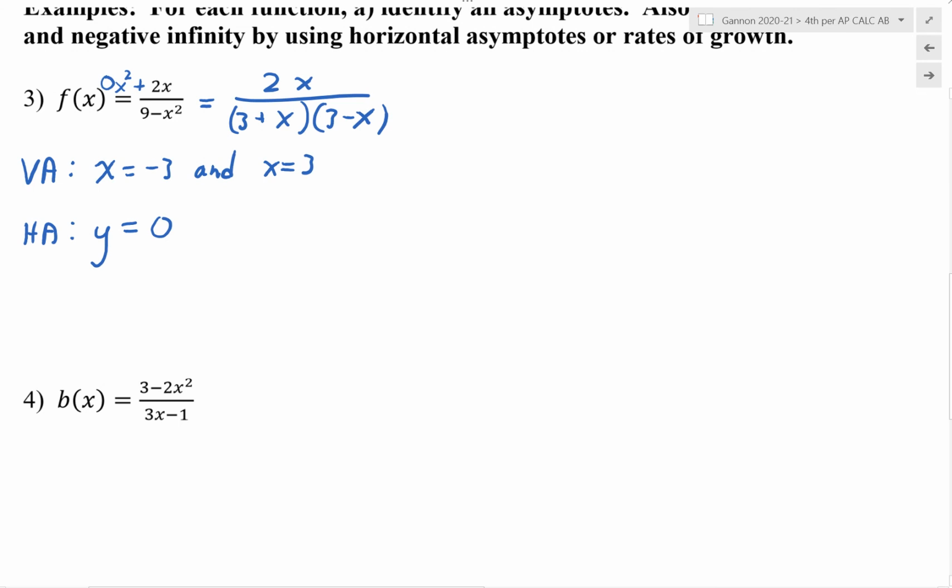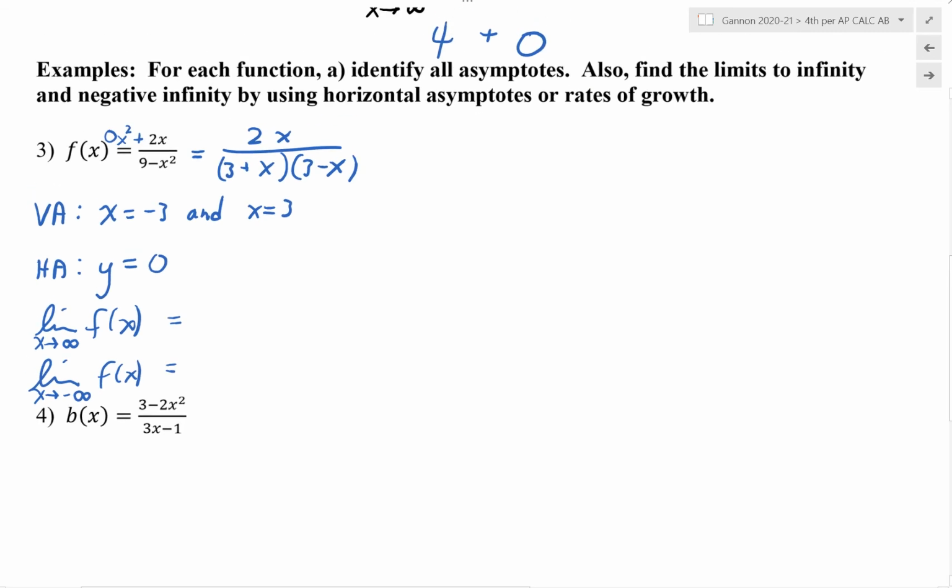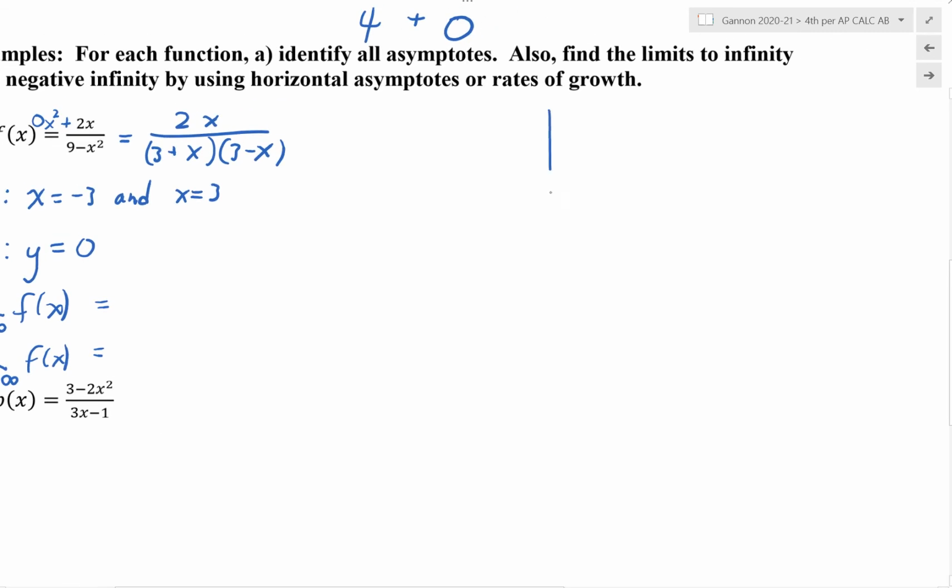Now, we were also asked to find the limit as x approaches positive infinity of f of x and the limit as x approaches negative infinity of f of x. What I would do to help in that situation is I would sketch a graph.